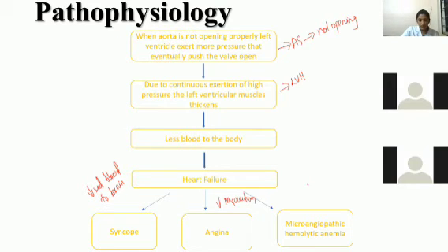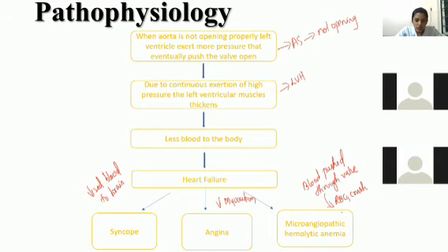In aortic stenosis, blood is pushed through the narrowed valve. Due to the pressure, the RBCs get crushed.